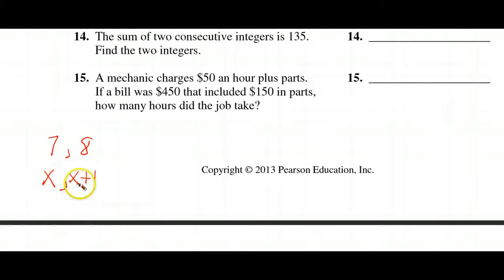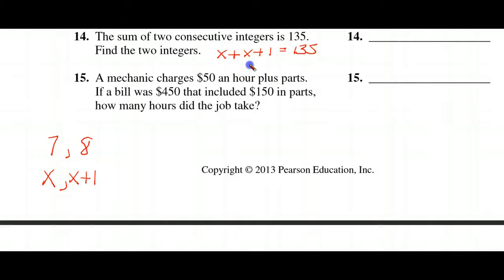These would be an algebraic way of writing consecutive integers. So our equation for this one would be x for the first unknown one, and then x plus 1 for the second consecutive integer, and we're saying that is 135.